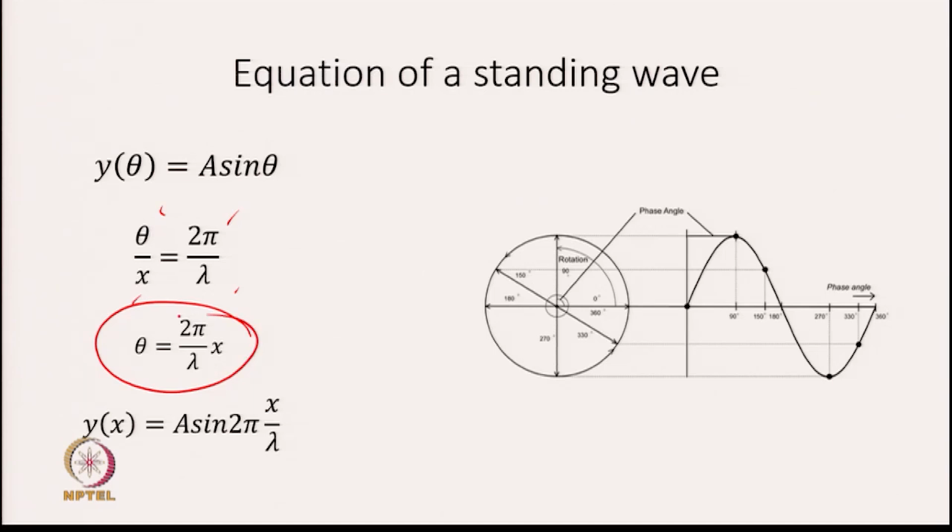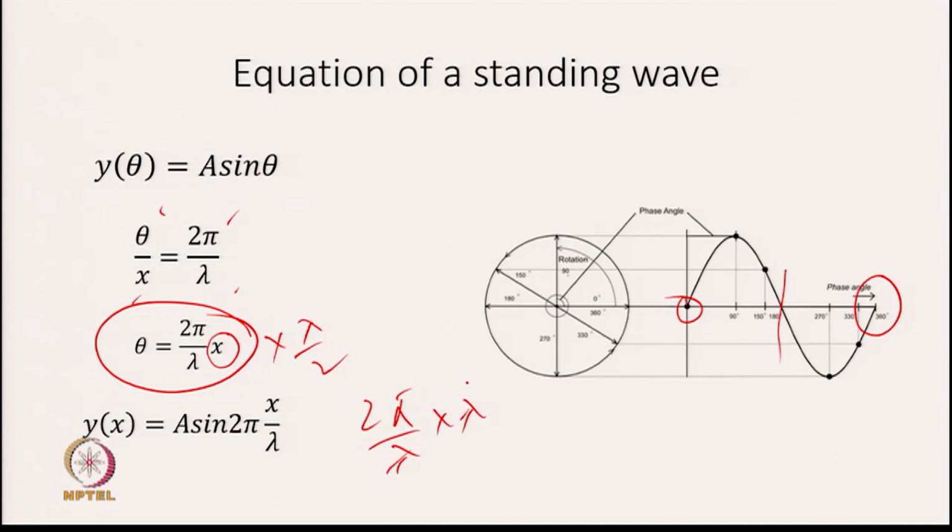Now, you can see if x is 0, theta is 0. When x is equal to lambda by 2, if you put it here, then 2 pi by lambda into lambda by 2, lambda cancels out, this will be pi, and you see 180 degree. When x is equal to lambda, then 2 pi by lambda into lambda, so theta is equal to 2 pi.